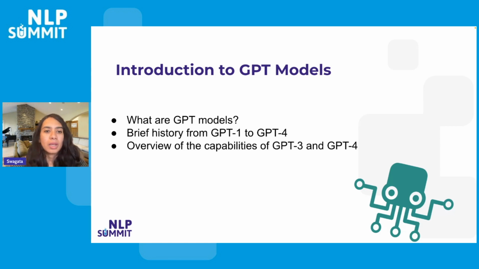Coming to the history of GPT, it first started with GPT-1, and GPT-1 had interestingly only 117 million parameters. The evolution to GPT-4 has been significant because now GPT-4 has substantially more parameters, almost equivalent to 45 gigabytes of training data, as opposed to GPT-3, which has 17 gigabytes of data.